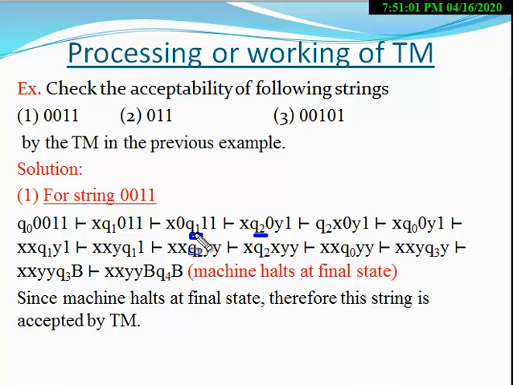Here Q1 is to the right of 0. Now it moves left, so Q2 becomes the left of 0. All these three actions are applied here.